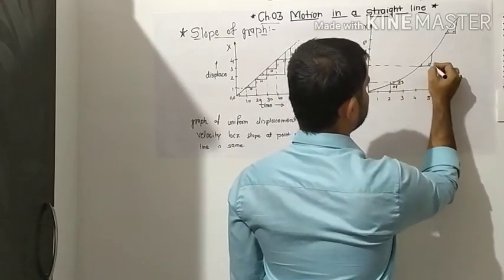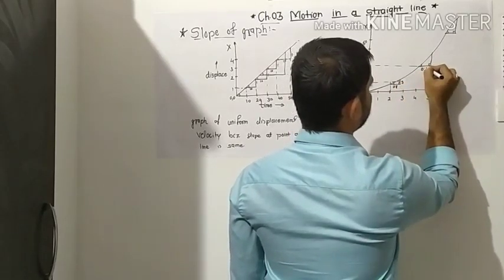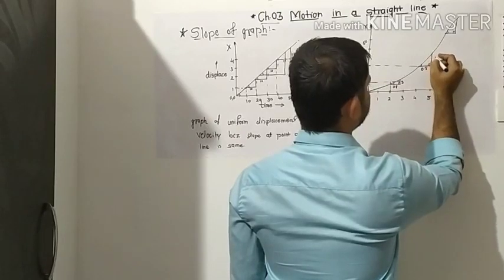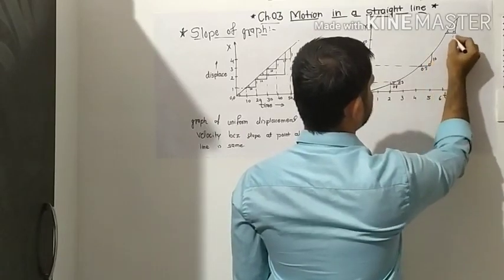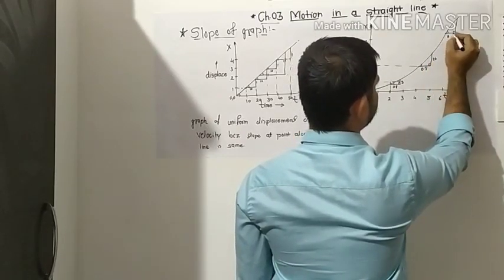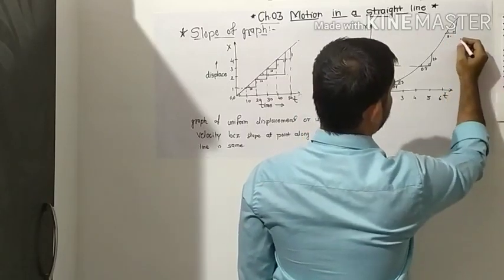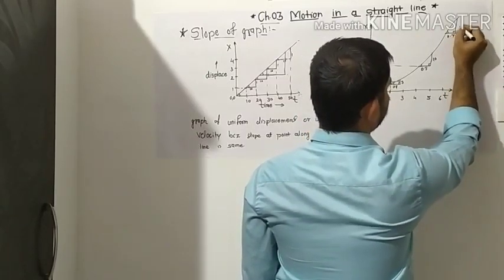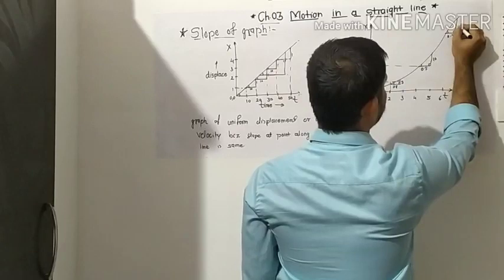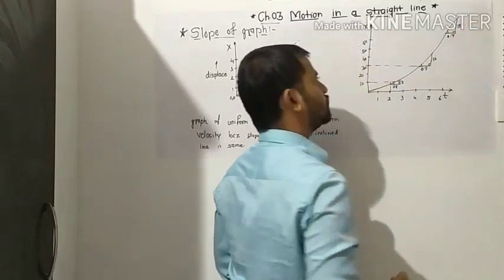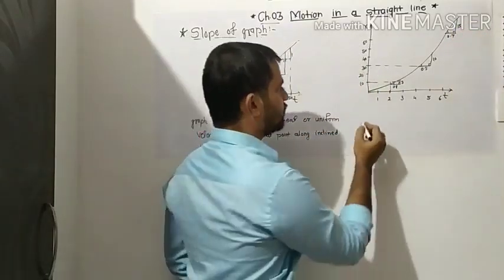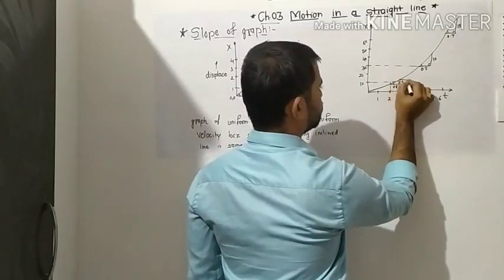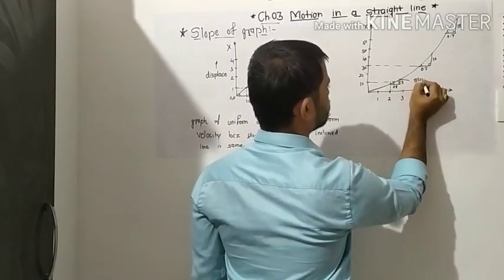Suppose this is 0.5, then this will be 10. Suppose this is 0.7, this will be 15.